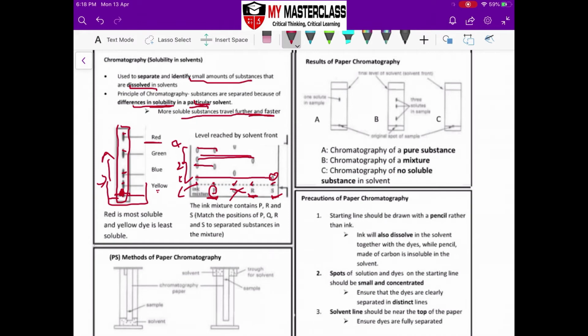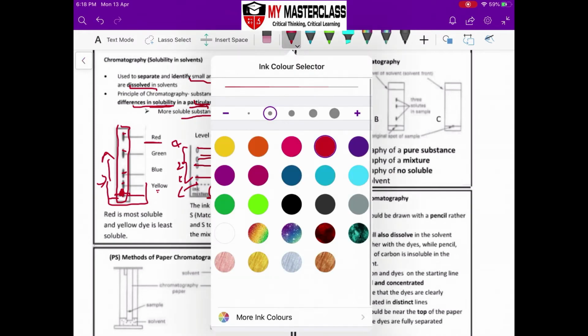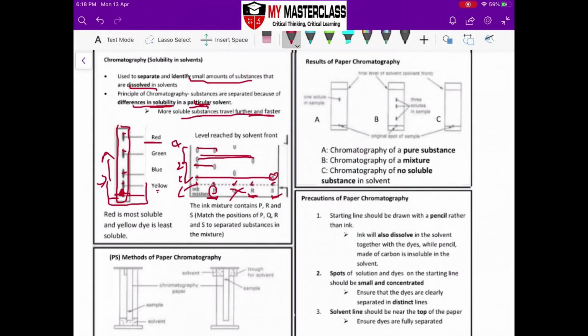So results of your chromatography: sometimes when you do your chromatography, you will have 1 dot. When you have 1 dot, this shows that it is a pure substance. 1 dot and nothing left at your starting line. It is a pure substance made out of only 1 thing. Chromatography B is a mixture of 3 substances.